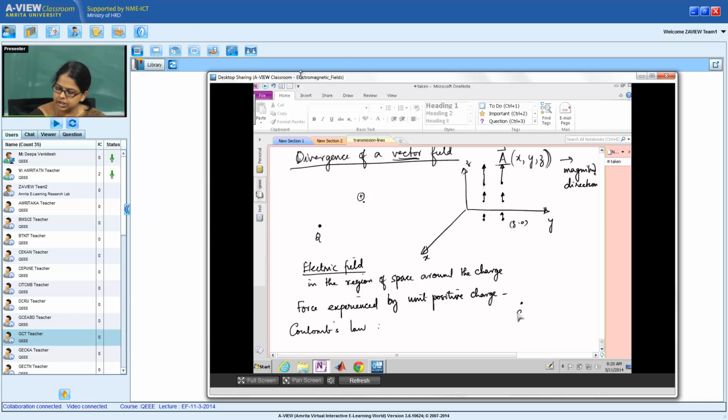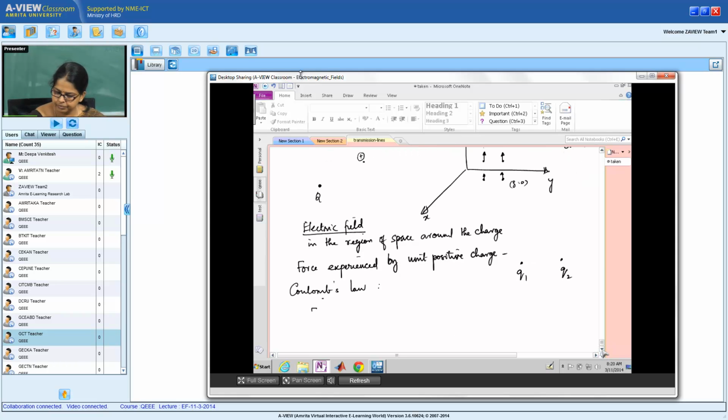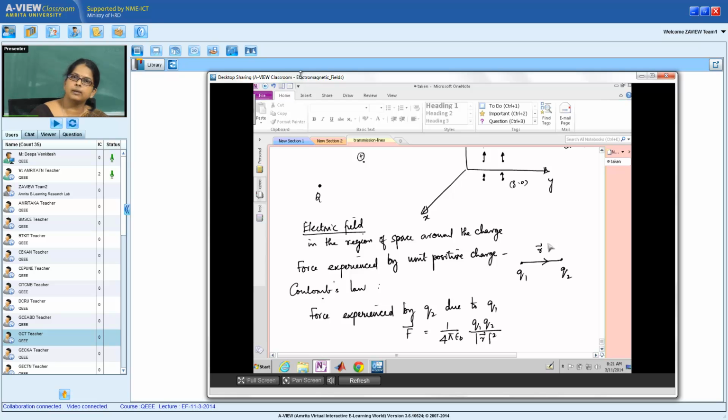If I have a charge Q1 and another charge Q2, then the force experienced by Q2 due to Q1 is a vector whose magnitude is 1 by 4 pi epsilon 0 Q1 Q2 by mod r square, where r is the vector from Q1 to Q2.